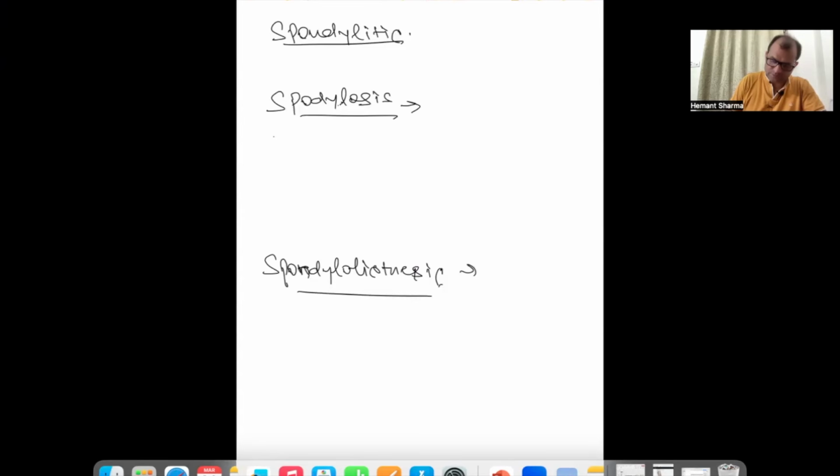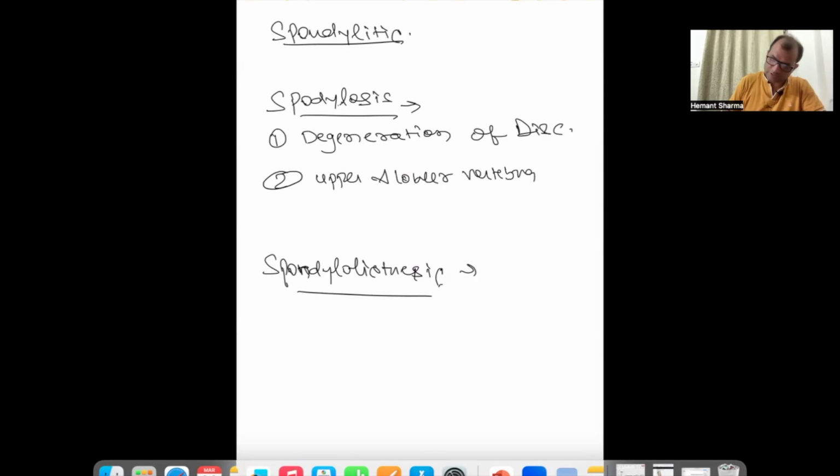Spondylosis means number one, degeneration of disc. Number two, upper and lower vertebra coming near to each other.